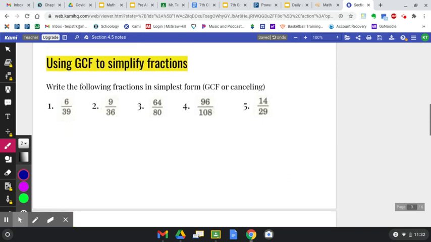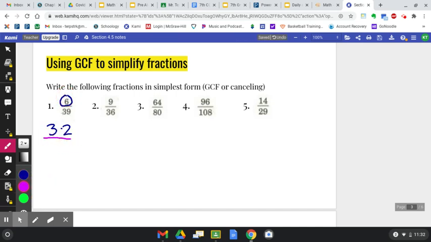All right, so let's look at a few examples. Let's start with number 1. I want to find a number that goes into both of these, and I know that 3 goes into both of them. So I could write that the top is 3 times 2. That still totals 6.